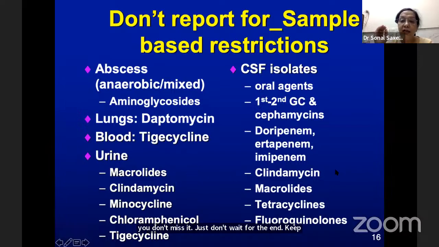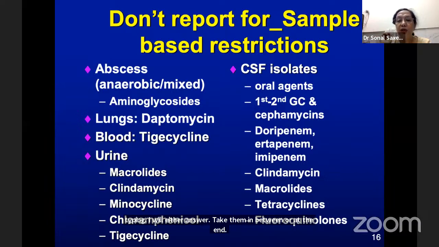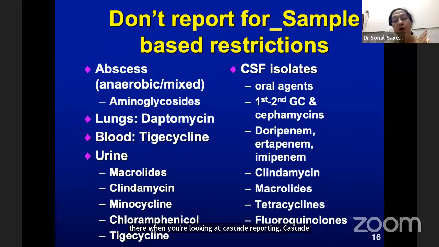Now there are certain sample restrictions when you're looking at cascade reporting. Cascade reporting simply does not depend on what works in tier 2 and what works in tier 3. So if you have an abscess where you are likely to encounter anaerobic or mixed organisms, you do not report aminoglycosides. If you have an isolate which has come from lungs, you do not report daptomycin.